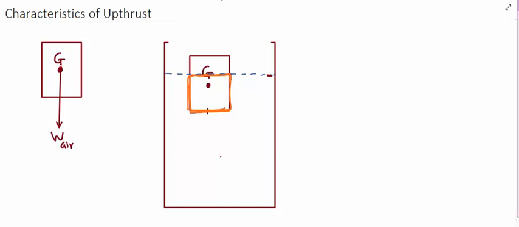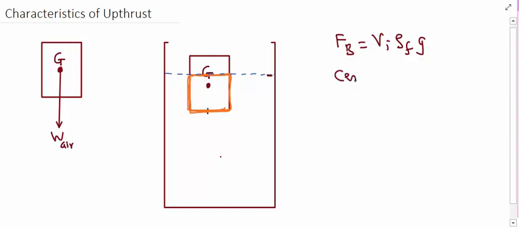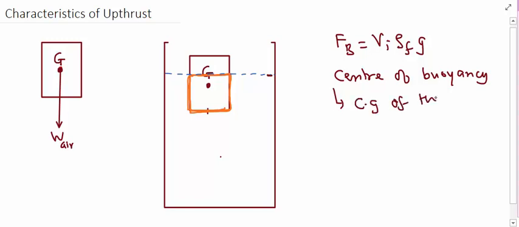We know that upthrust is equal to immersed volume into density of the fluid into g. And it turns out that the upthrust acts through a point known as center of buoyancy. Center of buoyancy is nothing but the center of gravity of the immersed part of the body.